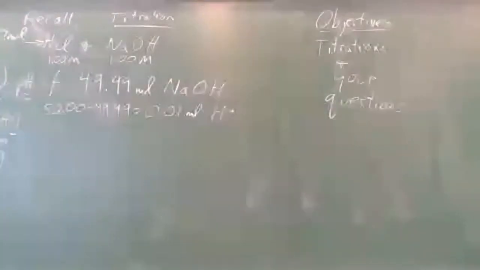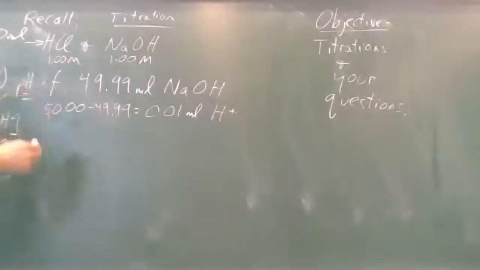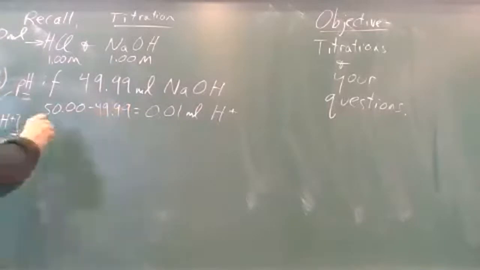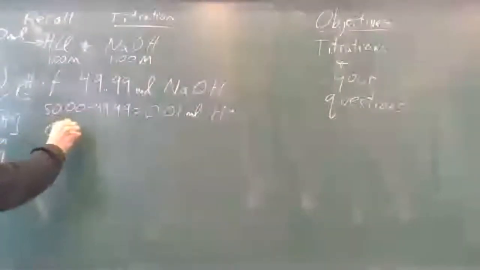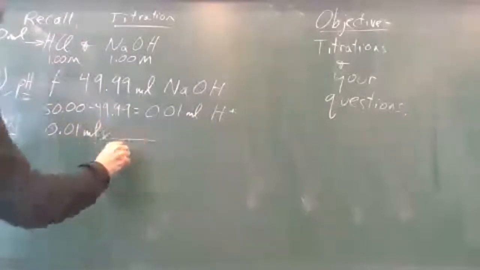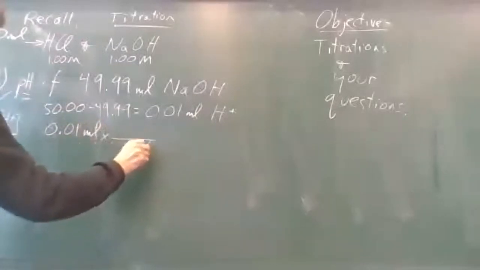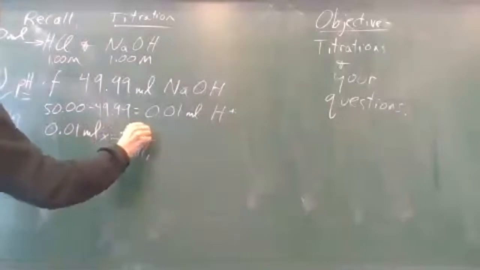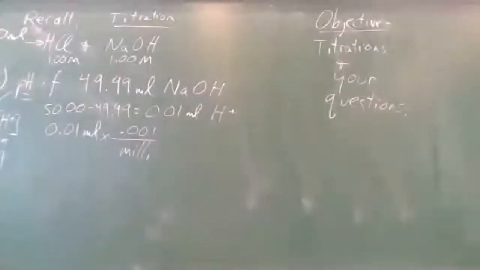That's what you've got to aim for when you have milliliters. You can either change this mentally, or you can go like this and say, okay, milli. This is how I might have taught you at the start of the year. If I get rid of milli, it's like multiplying by 0.001.